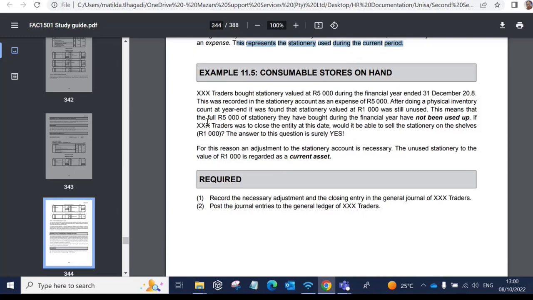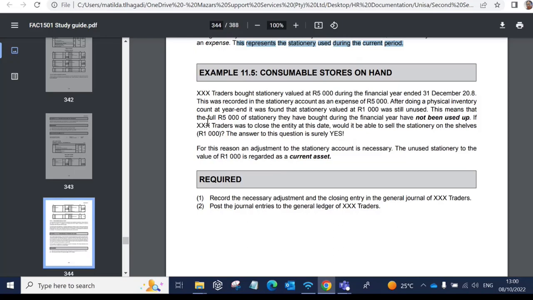This means that the full 5,000 of stationery bought during the financial year has not been used up. If Excess Traders was to close the entity at this date, would it be able to sell the stationery on the shelves, 1,000? The answer is surely yes.